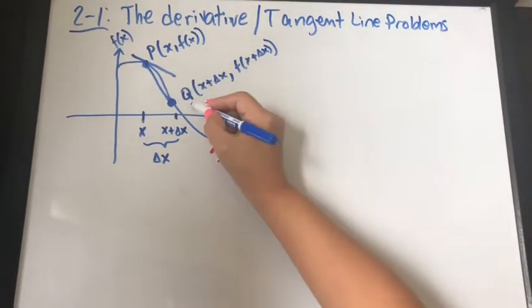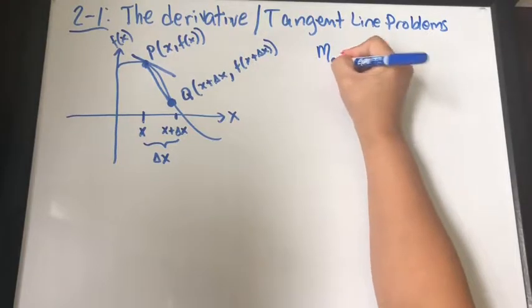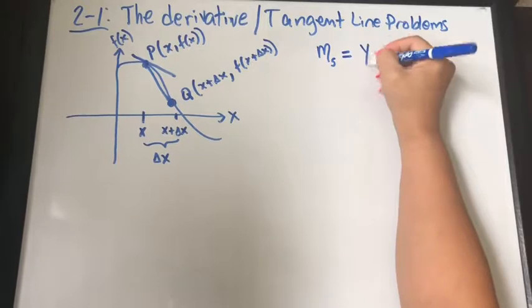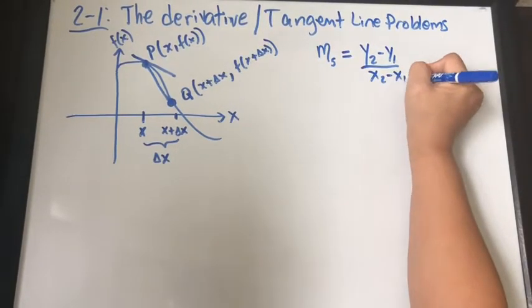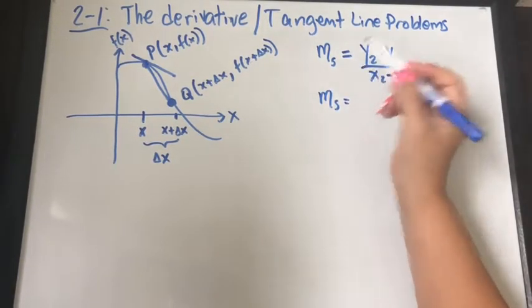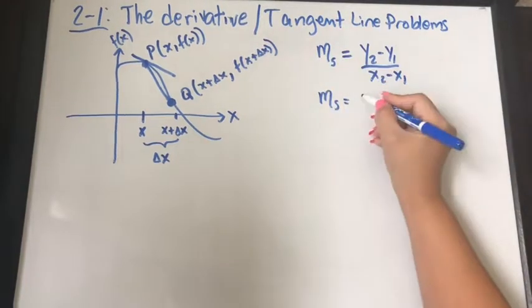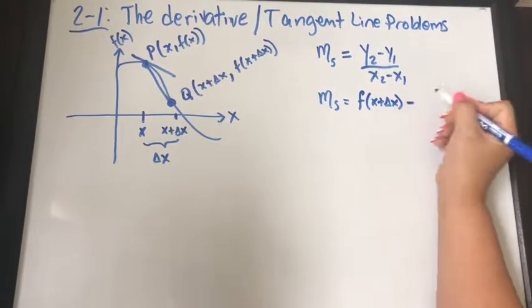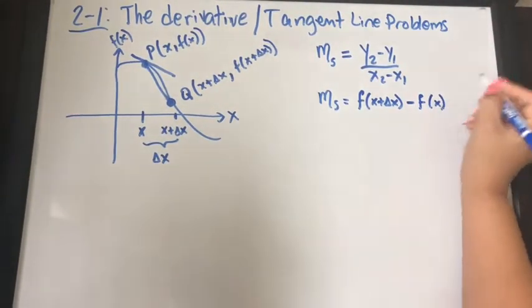So we're going to find the slope of a secant line, S for secant, okay? We know that the slope is y2 minus y1 over x2 minus x1. Using our math notation, the y2 point would be this one, which is f of x plus delta x, and my y1 would be the one on P, which is f of x.